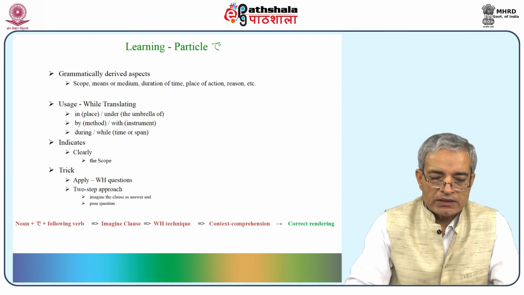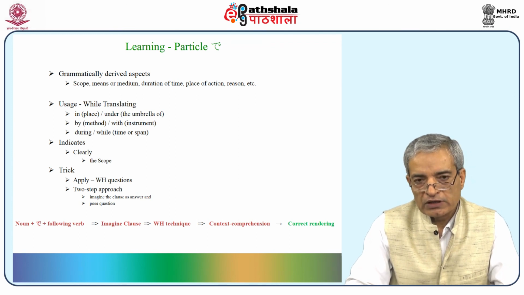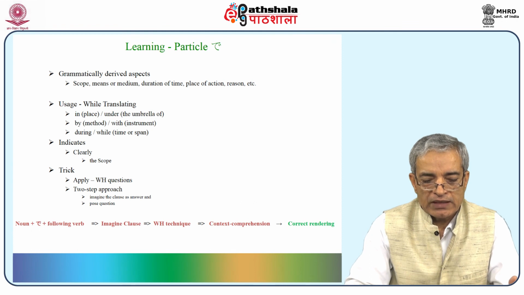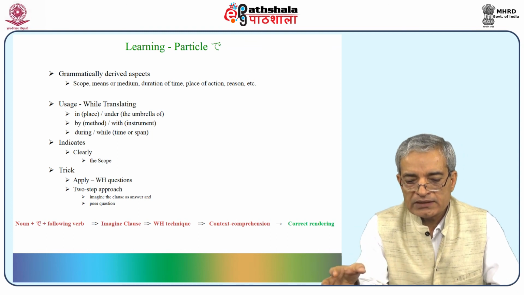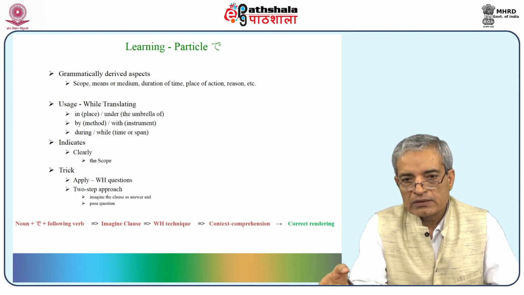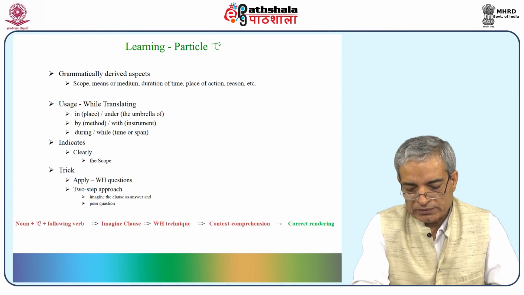In summary, I can say noun plus the particle plus the following verb, the verb which is following after that, helps you in imagining the clause. The WH technique is then used to comprehend the context, and then you can render the correct meaning or the correct equivalent using a free rendering method.